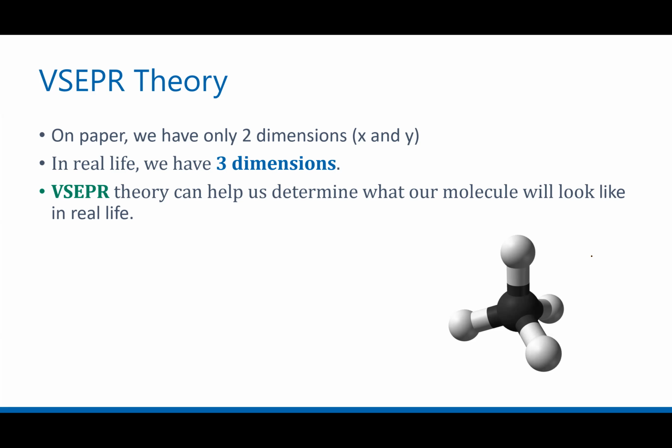So if you think about a video game, I don't know if many of you play video games, but if you do, old video games like the original Super Mario Bros., you could go left and right and jump up and down. Left, right, up, down. That's 2 dimensions.